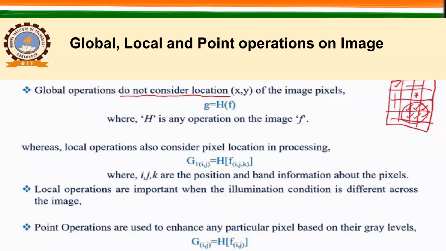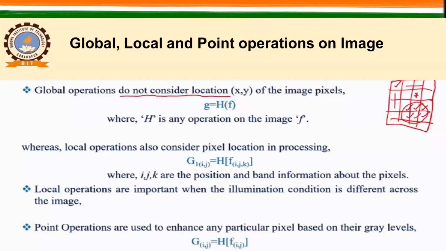If we start an algorithm here and move, we will add +1 in this direction, right? But if you are applying the same logic for the whole image, then we do not consider location. So here G equals H of F, where H is any operation on the image F, whereas a local operation also considers pixel location in processing.